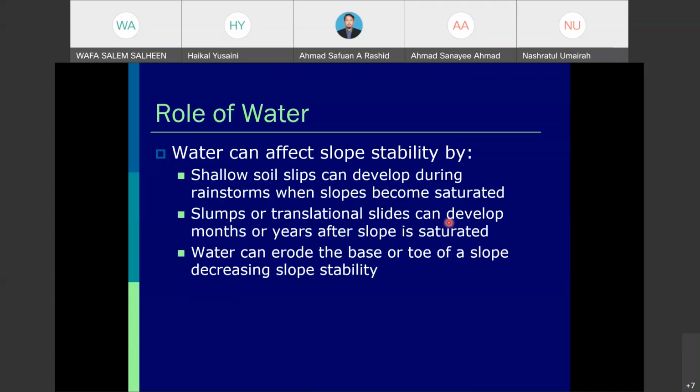Normally for the slope structure, the installation of a horizontal drain could minimize the effect of water when it penetrates inside the slope structure.